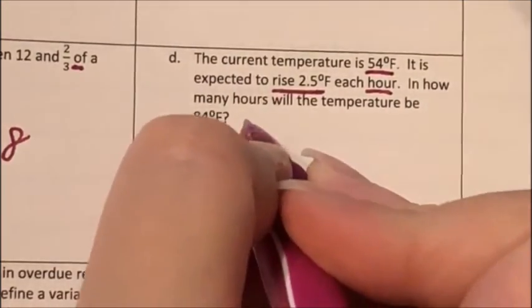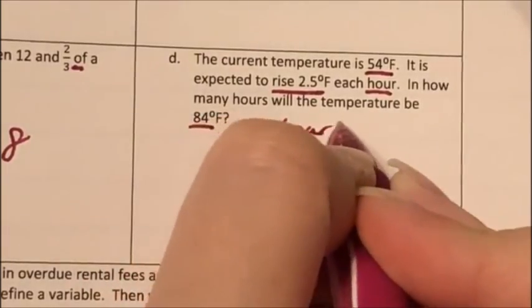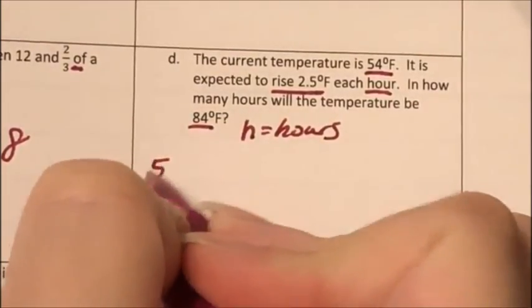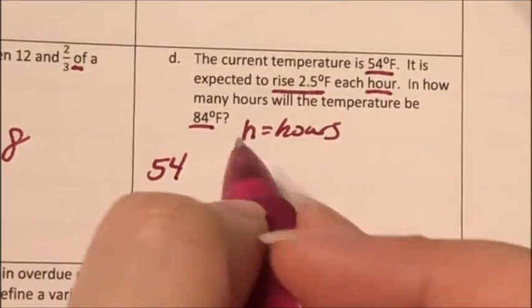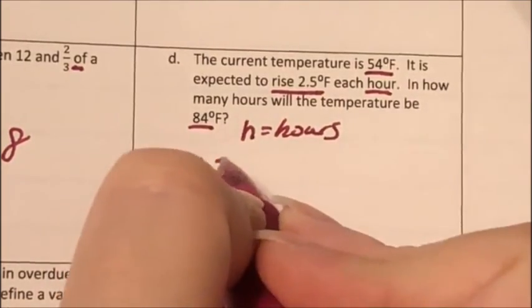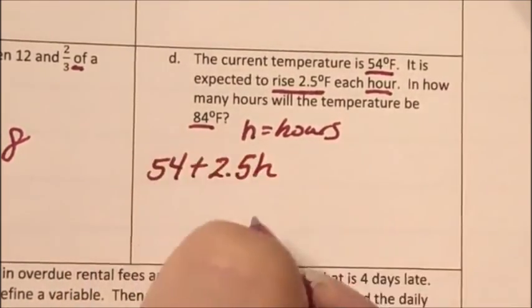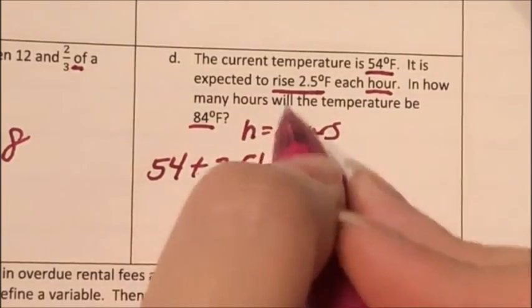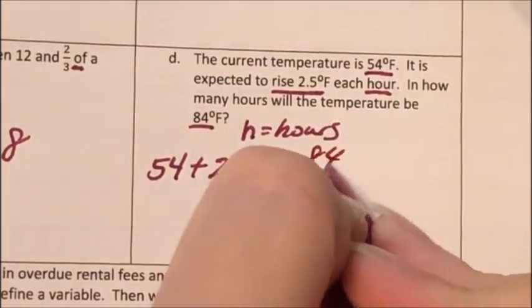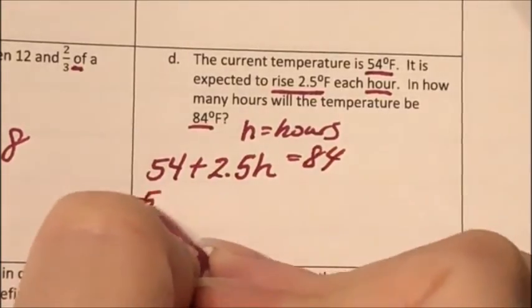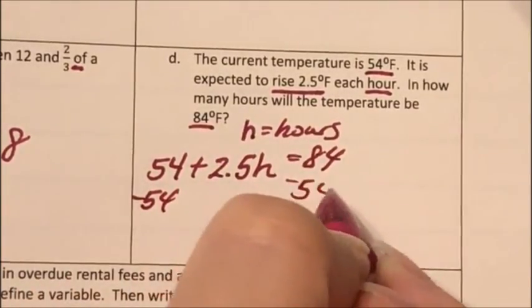So I'm gonna say H equals hours. So I have 54, because that's the temperature I started with, plus 2.5 degrees per hour equals 84. Now I want to subtract 54 from both sides.